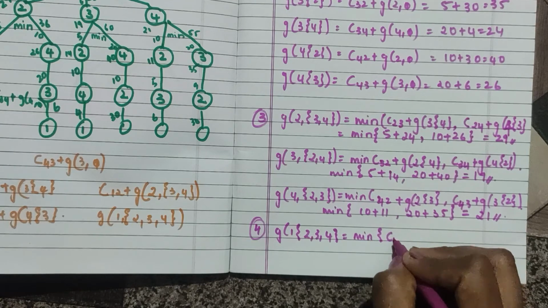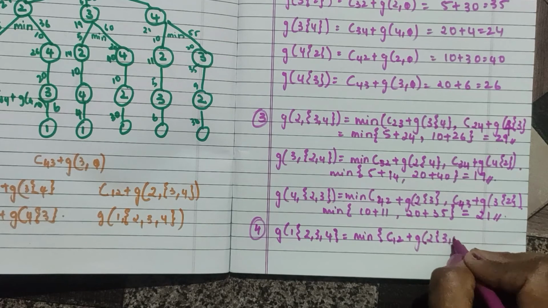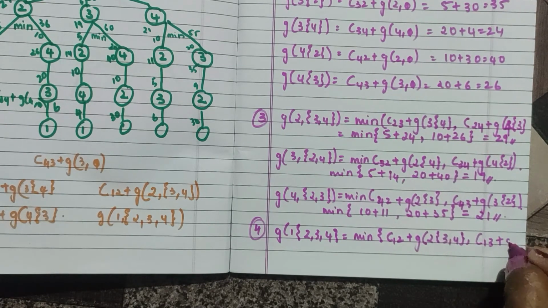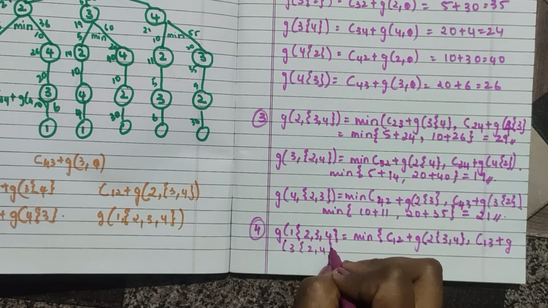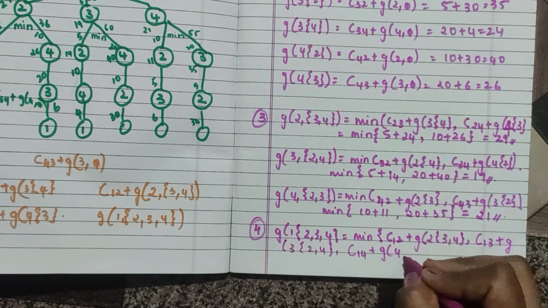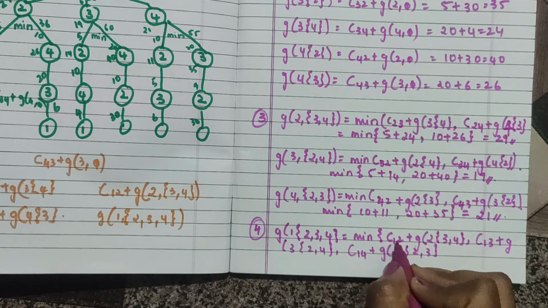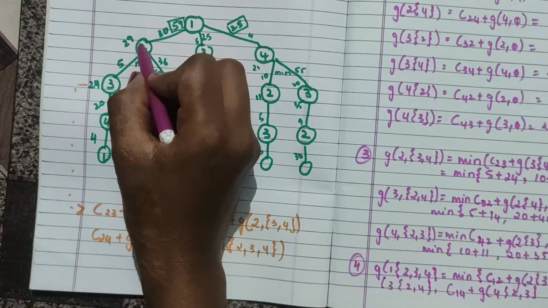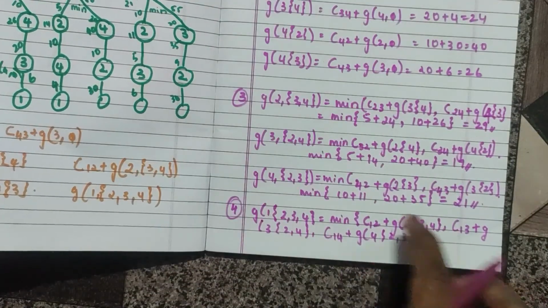So the cost of 1 to 2 plus g of 2 with 3 comma 4, then cost of 1 to 3 plus g of 3 with 2 comma 4, comma, cost of 1 to 4 plus g of 4 with 2 comma 3. So this is how the final value is written here.